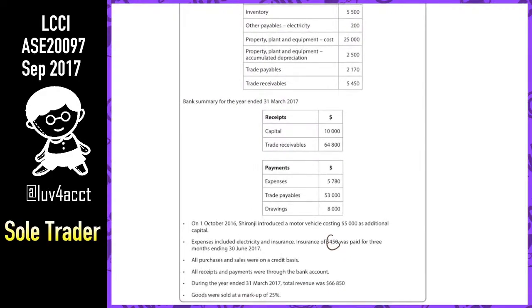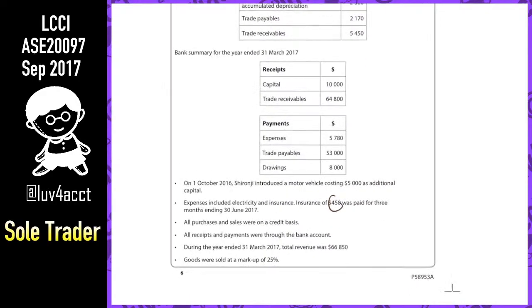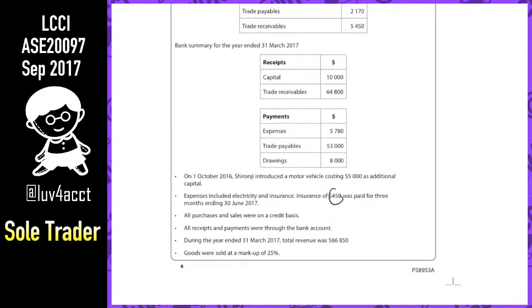Purchases and sales all on credit. All receipts and payments went through the bank account. And during the year, the revenue is 66850. Goods were sold at a markup of 25%. So we can calculate our cost of sales.